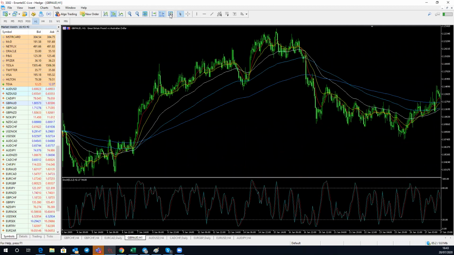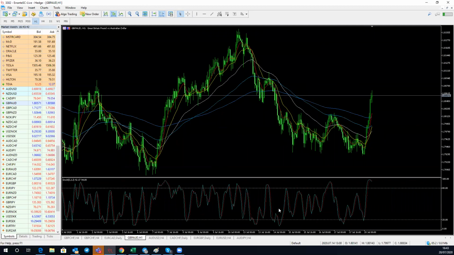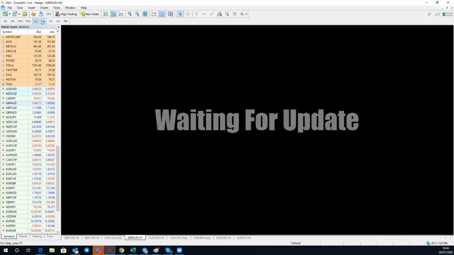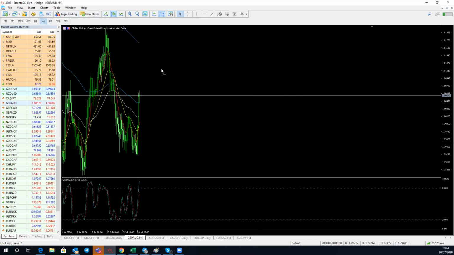Right, GBP AUD on a buy. Okay, moving upwards quite rapidly, but the thing is that it's got all these wicks up here. It went upwards to there. Okay, it's got a bullish candle here. Okay, let's see. GBP AUD.